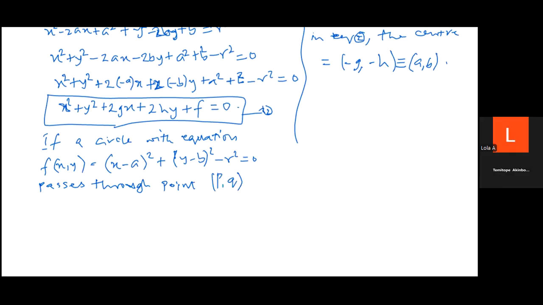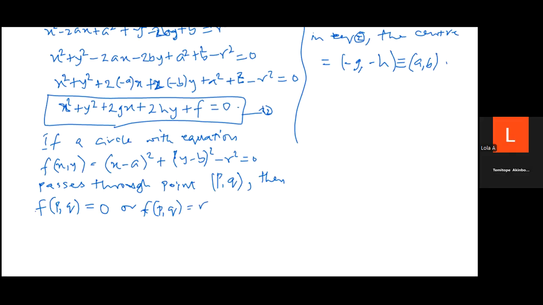Then f(P, Q) = 0, or f(P, Q) = r squared.